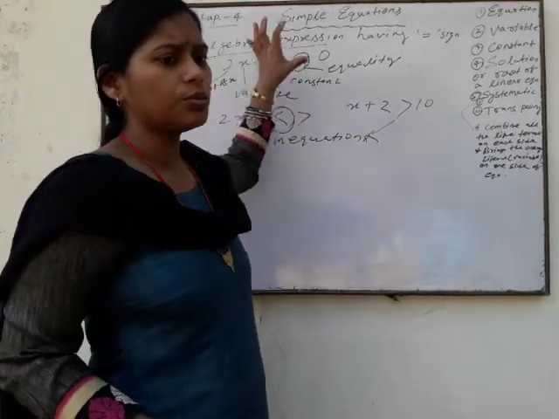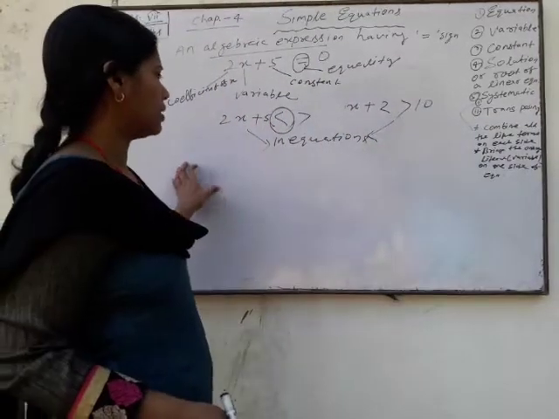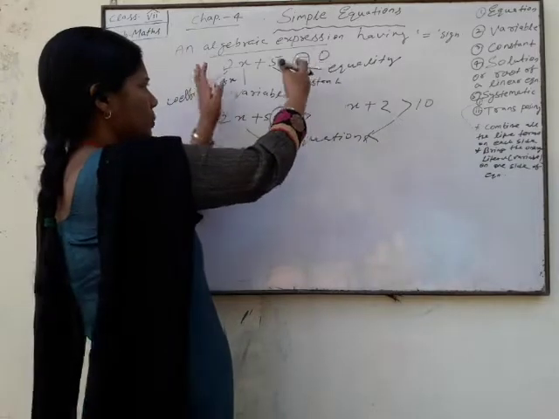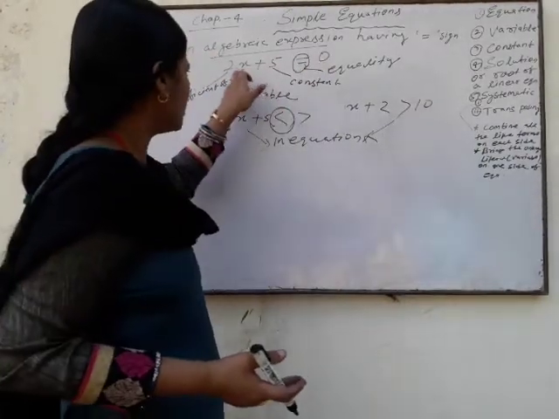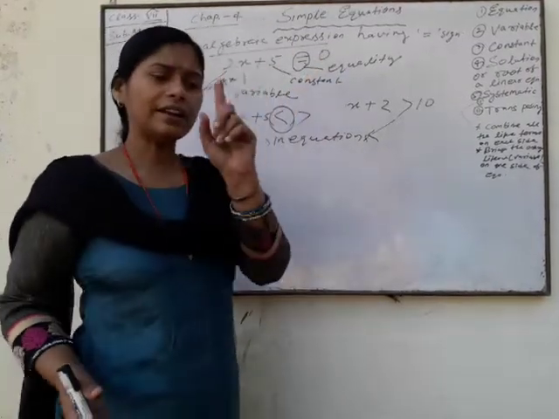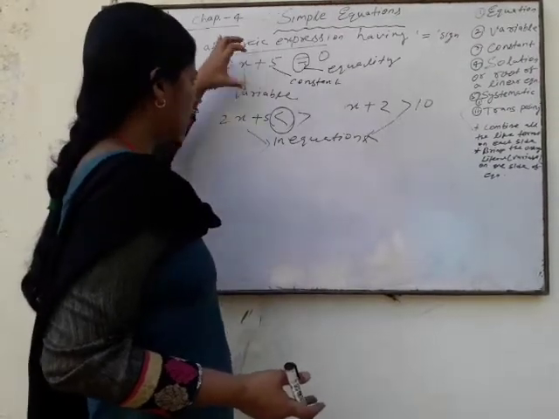At least one of the two expressions of an equation should have a variable involved. Look here, this contains a variable and this does not. At least one of the two expressions must have a variable.